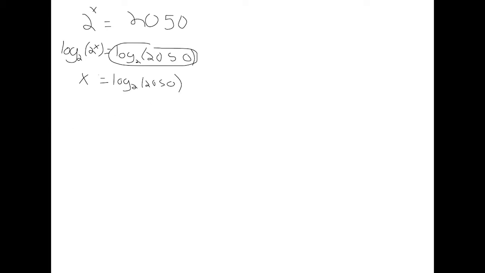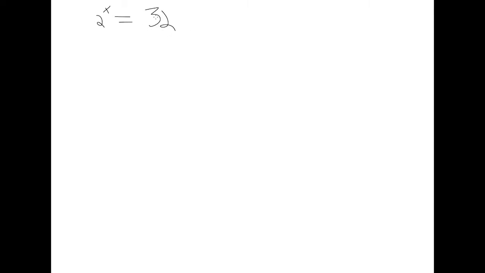Now this method is a little bit messy sometimes, and doesn't always have to be used. Sometimes, if you have, for example, 2 to the x equals 32, there's an alternative way to solve this.